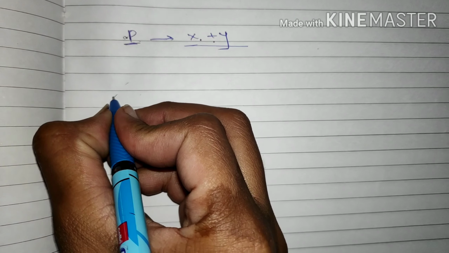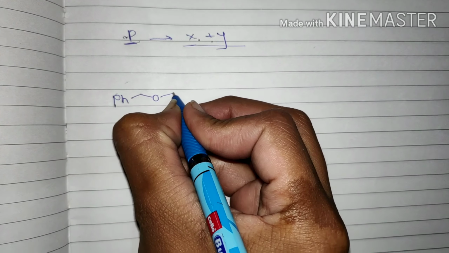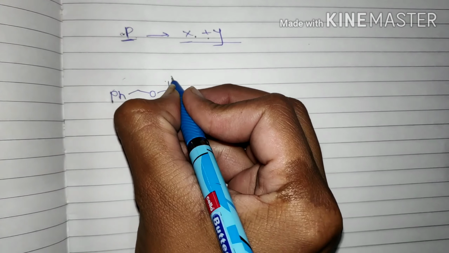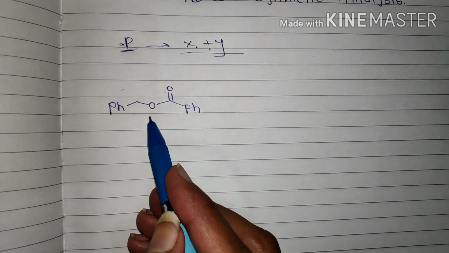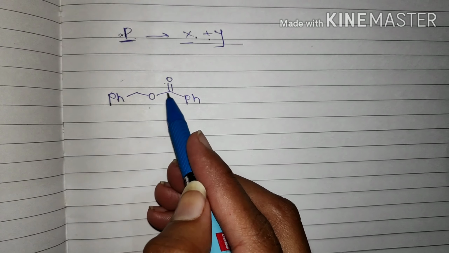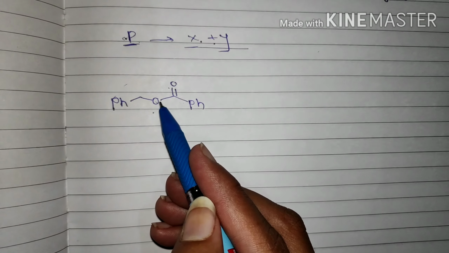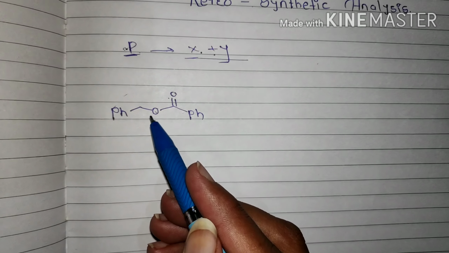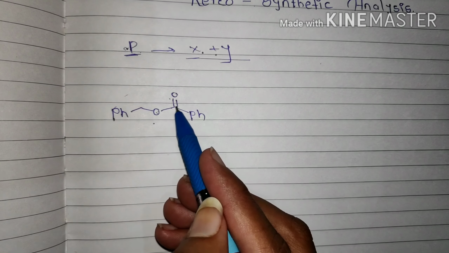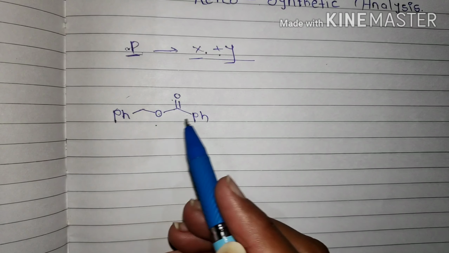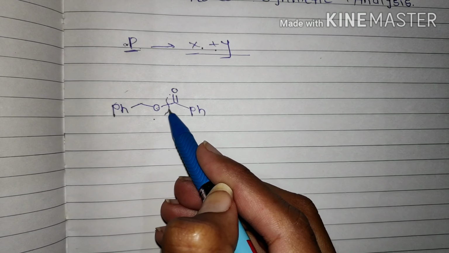For example, we use an ester. In this we break the carbon-oxygen bond, that is, we form the reactants. We break the two carbon-oxygen bonds in this compound.